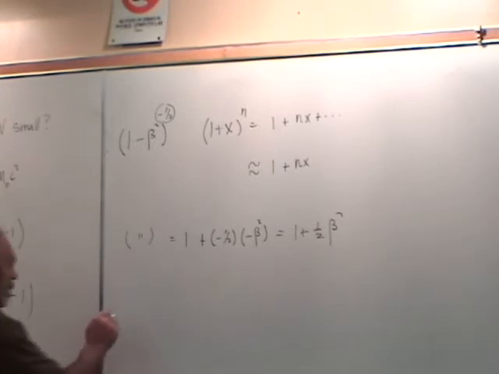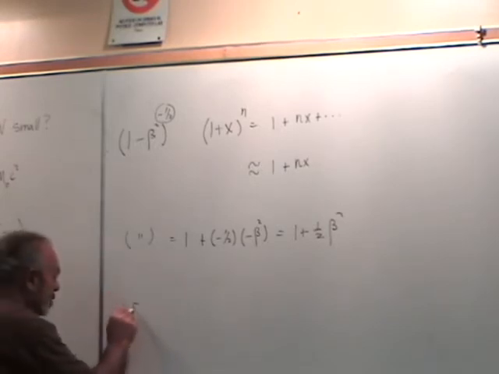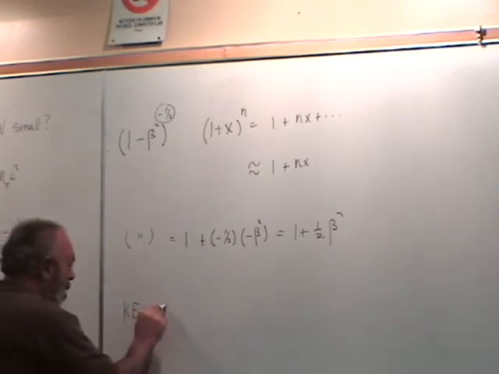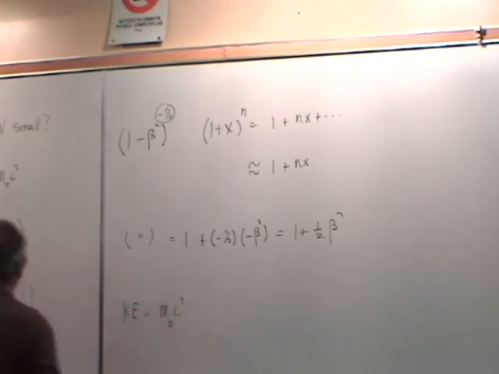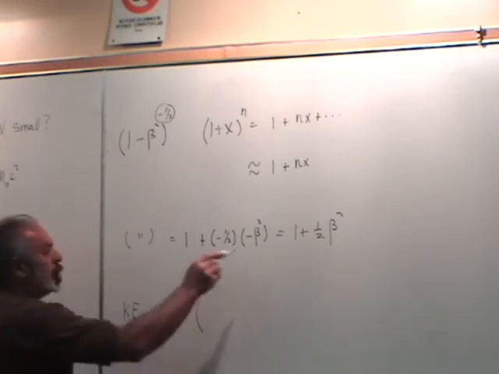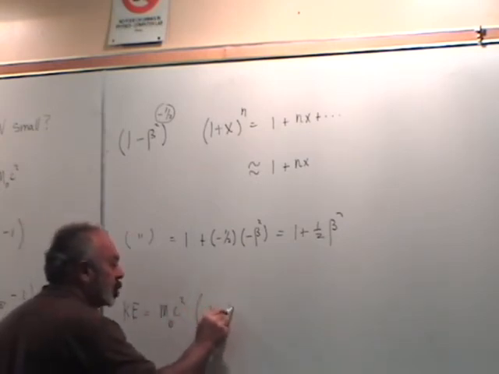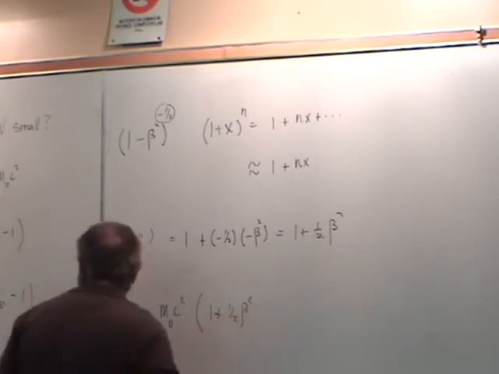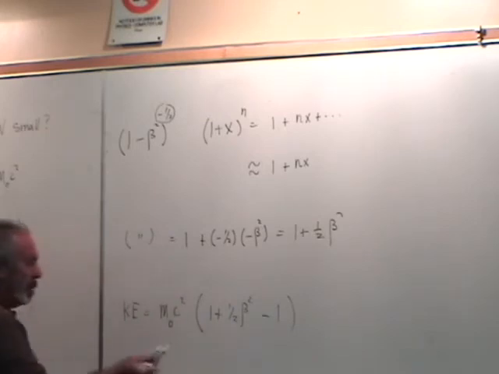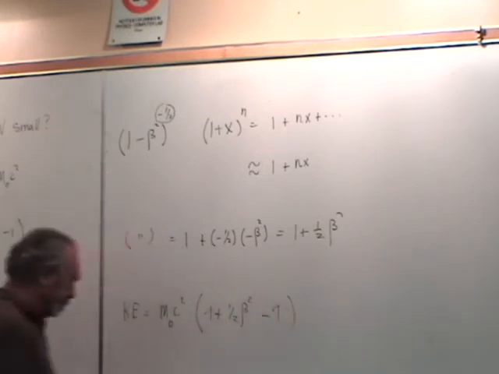So we get then that the kinetic energy is equal to m naught c squared times this creature, which is 1 plus 1/2 beta squared minus 1, but we got a 1 minus 1, that's nice.